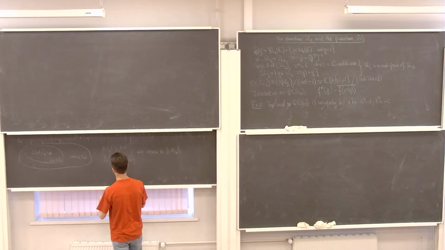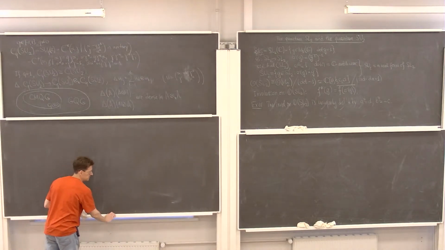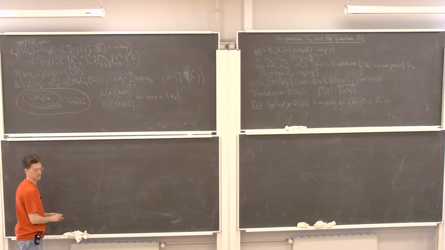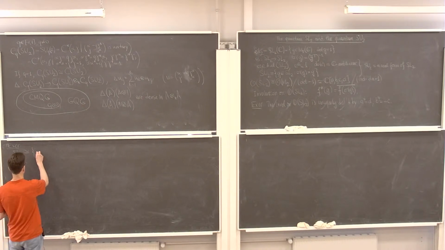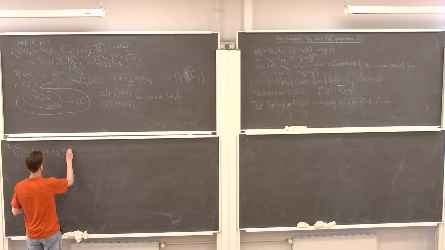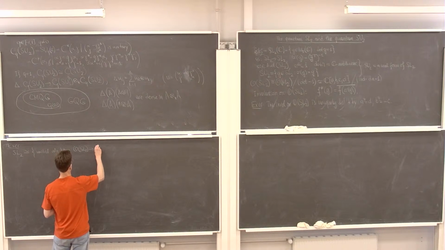And it's essential that both SL2 and SU2 can be reconstructed from this star algebra. This is also a simple exercise. There is a bijection between SL2 and the set of all unital characters, unital algebra homomorphisms from the algebra of regular functions to the complex numbers.